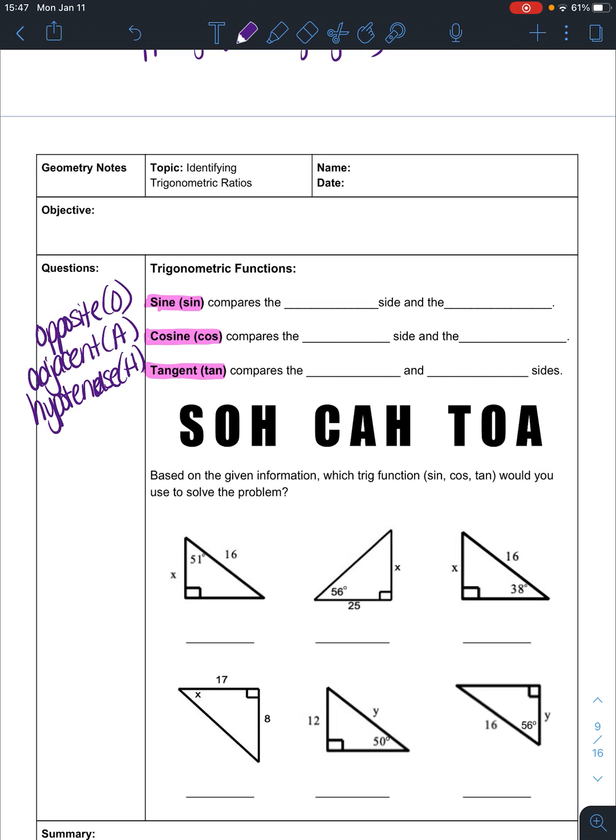Now, the sine function compares the opposite side with the hypotenuse. So it uses O and H. Cosine compares the adjacent side and the hypotenuse.